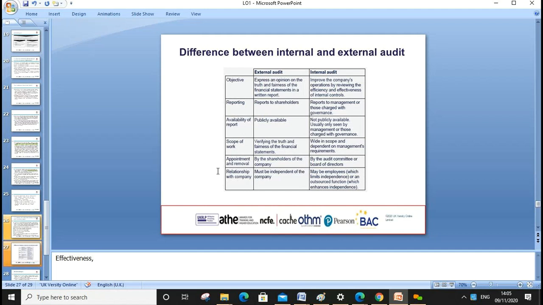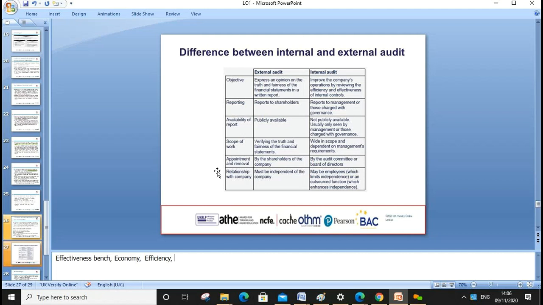Effectiveness is according to the benchmark. We discussed economy is more than the benchmark. We discussed efficiency means you have zero fraud, so you're very efficient.